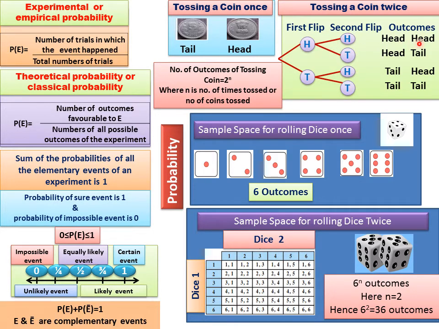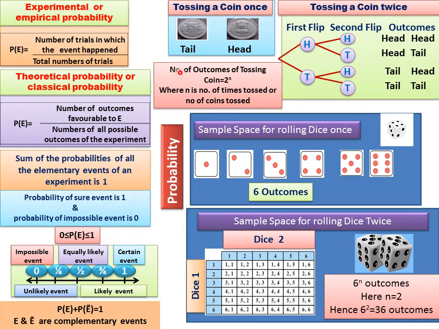So the outcomes are: head head, head tail, tail head, and tail tail. The total number of outcomes is 4.